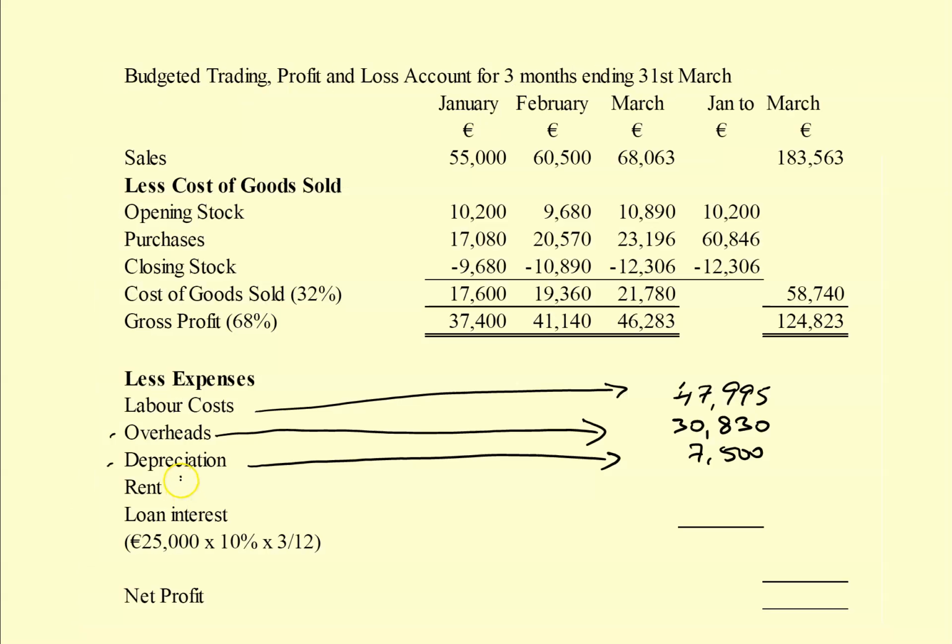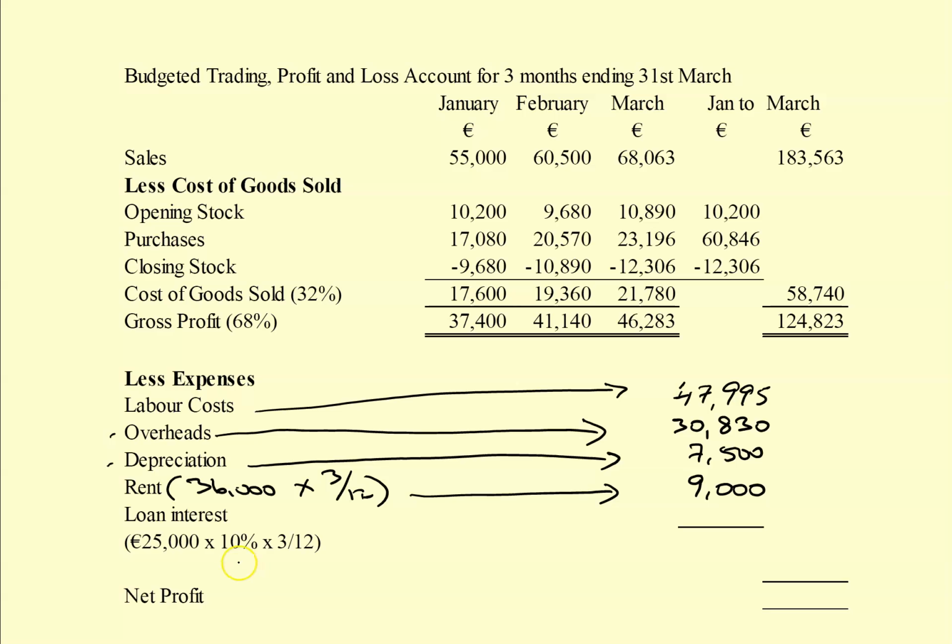The rent, 36,000 per annum for 12 months. But we're not doing 12 months. We're only doing 3 months. So I will get 3/12 of it, or a quarter. So if I put that in there, that comes to 9,000. Doesn't matter when it's paid, whether it's paid or not paid, it's the amount of an expense that's incurred that goes into the profit and loss account.